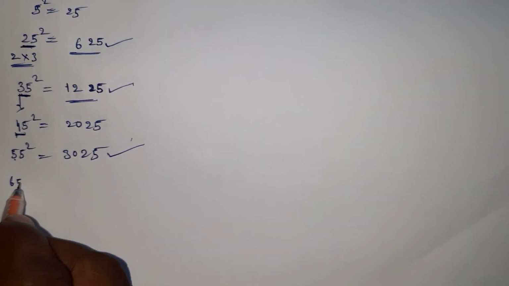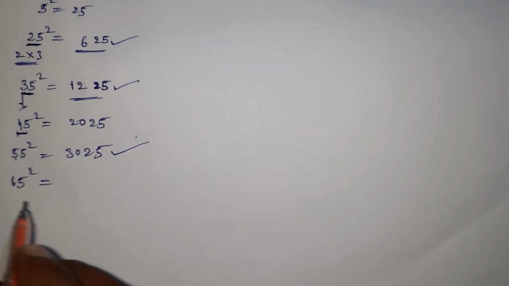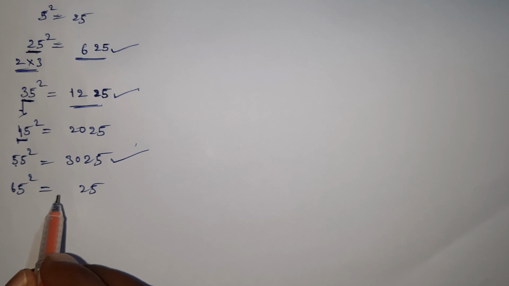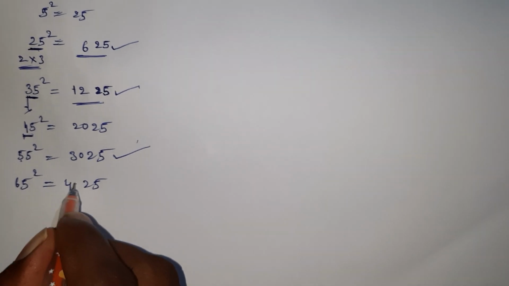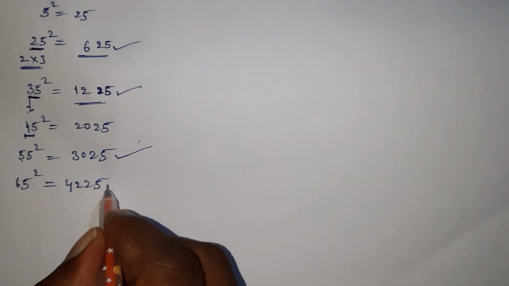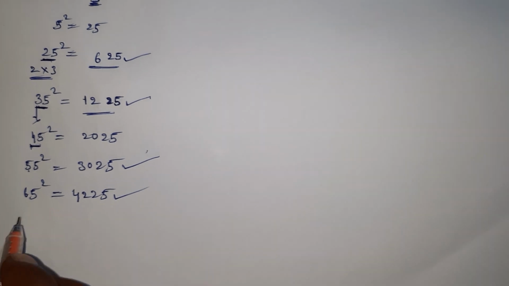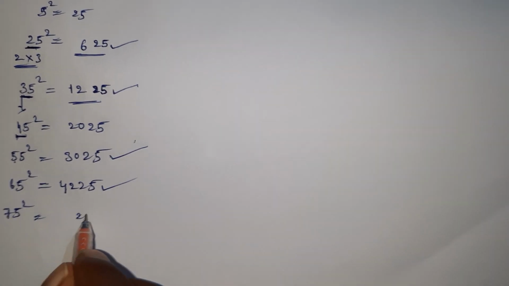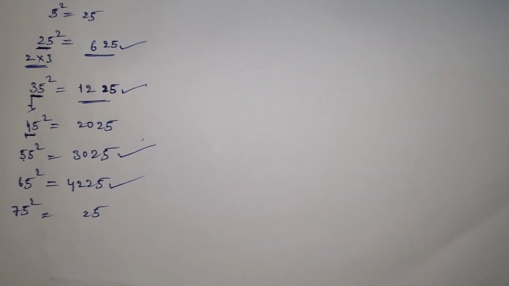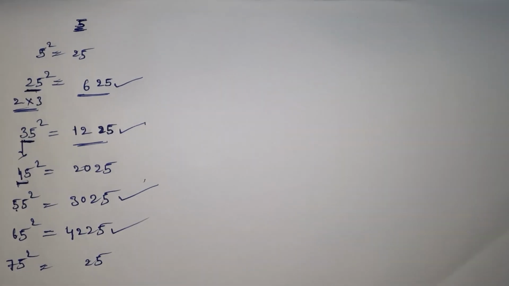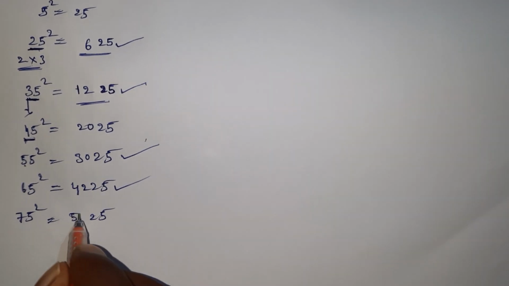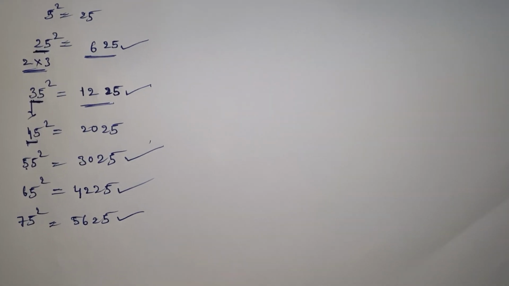So 65 square, 65 square in the sense again 25, 6's next number 7, 6 7s are 42, so 4225, 65 square. 75 square, so again write 25, 7's next number 8, 7 8s are 56, so 5625 is 75 square.